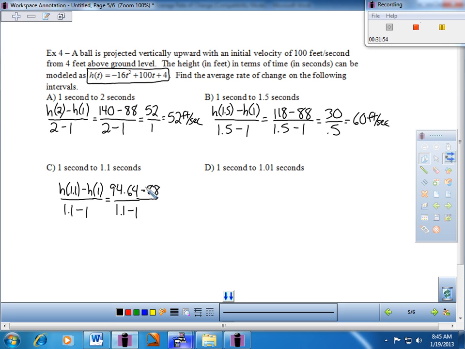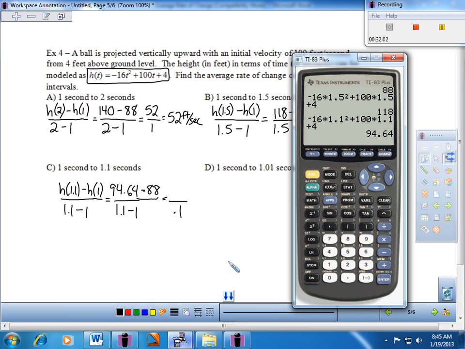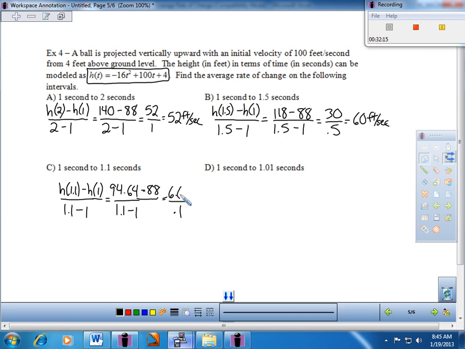And so let's go ahead and figure out what that is. Again, the bottom, not a big deal. Only a tenth of a second has elapsed. Let's get that value from the top, and I'll do that up here. So 94.64 minus 88, and I get this, about 6.64. Okay, so 6.64 divided by this piece right here, and I'm getting 66.4 feet per second.